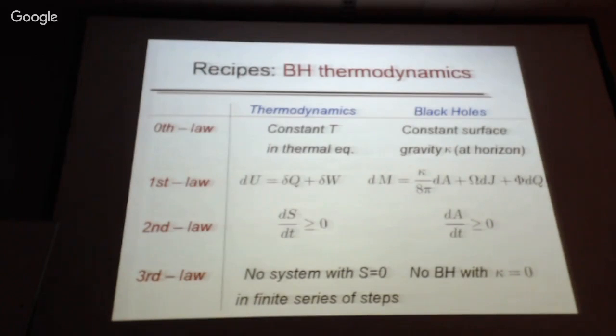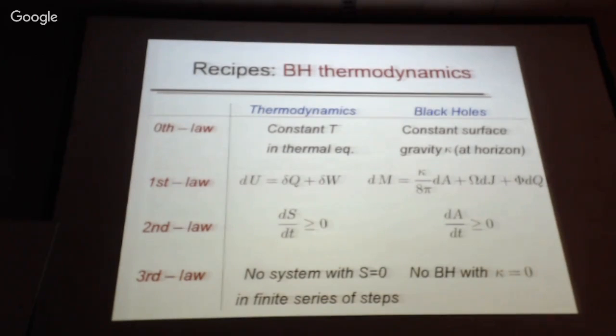The first law of thermodynamics, which relates internal energy, heat, and work, at the black hole level relates the mass and the area of the horizon. Remember, the horizon is just the surface. It doesn't depend on the angles, it's just at the Schwarzschild radius, so it's really a compact surface. And since it's a compact surface, it actually has a finite area. So it relates the area, the angular momentum of the black hole, and the charge, to the mass. And it has exactly the same form.